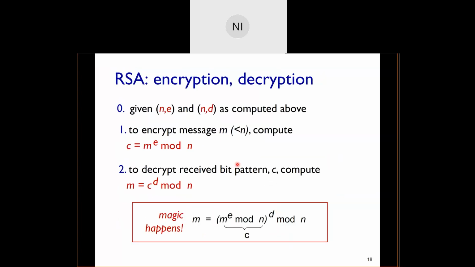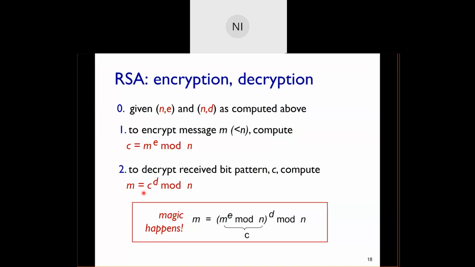And if you look at how we can use these key pairs for encryption and decryption, one step for encryption is when you have the message M, where M is less than N, the product of P and Q. You take M to the power E, then you do modulus N. So N is the product of P and Q. That gives you your ciphertext.